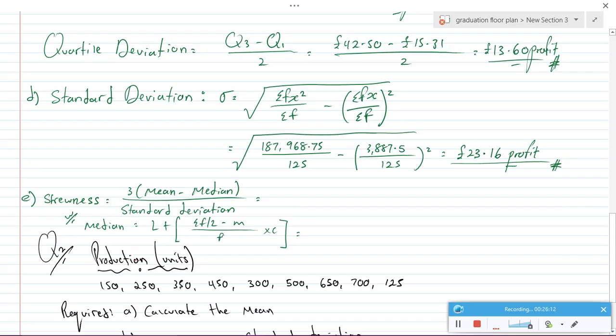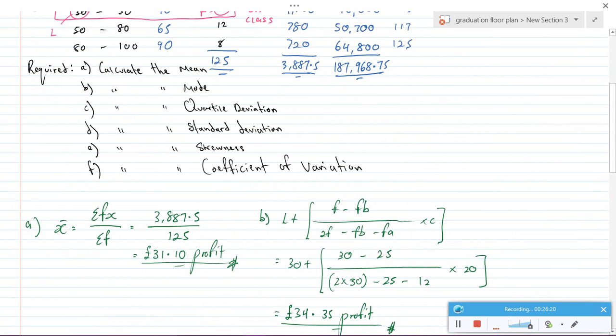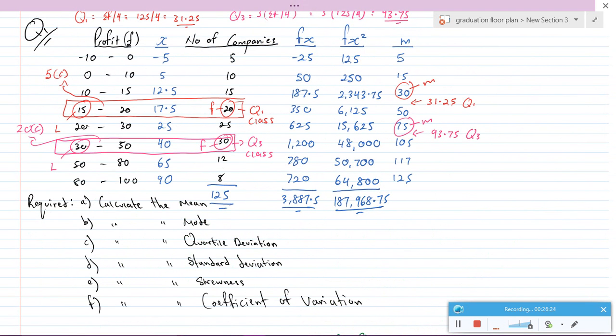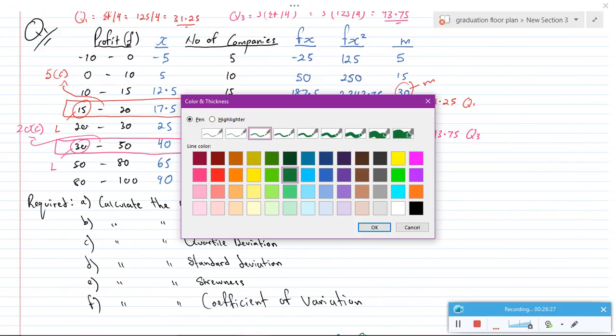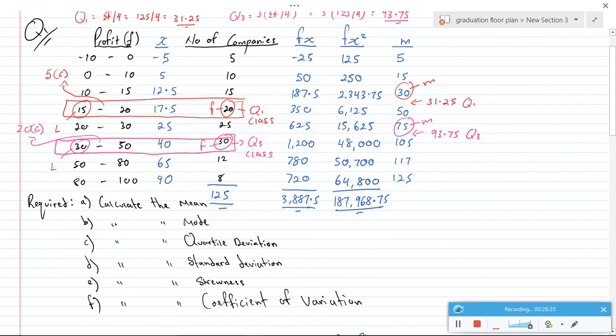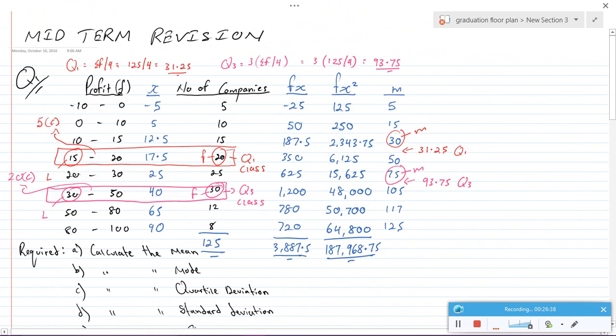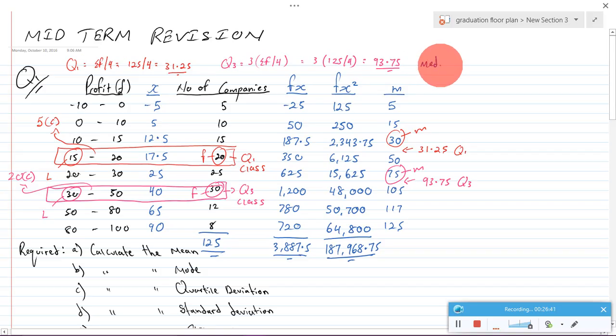So that comes over here, the median. Our mean, if I'm not mistaken, is 31.1, right? 31.1 minus 25, divided by the standard deviation, which is 23.16. You get 0.711. If you get 0.799, then it becomes 0.8.